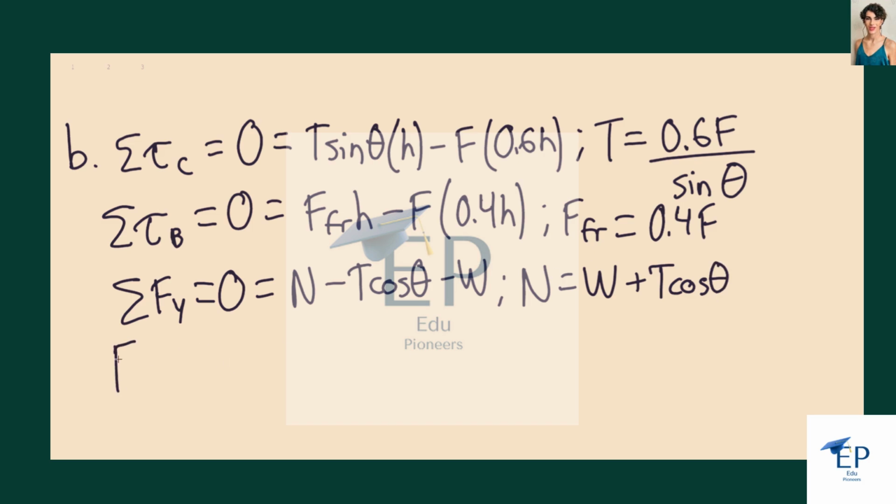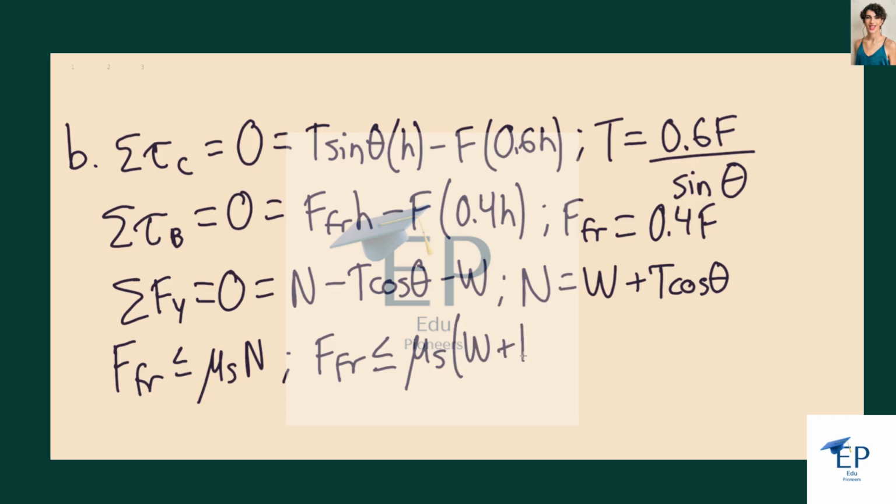Again, force of friction must be less than or equal to mu s times N. We can say that force of friction has to be less than or equal to the coefficient of static friction times the weight plus T cosine of theta. And we can say that, further substituting, 0.4 F has to be less than or equal to mu s times W plus T cosine of theta.